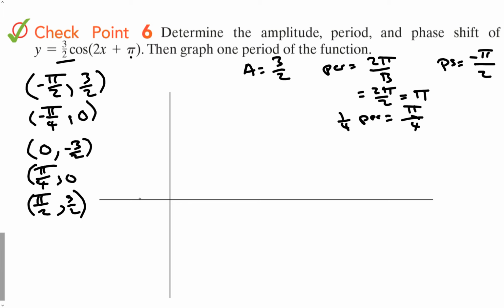Okay, so there's actually 2 numbers on both of these sides. I'm just going to keep this nice and small and not repeat it. So we get negative pi over 2 there, negative pi over 4, 0, and pi over 2.